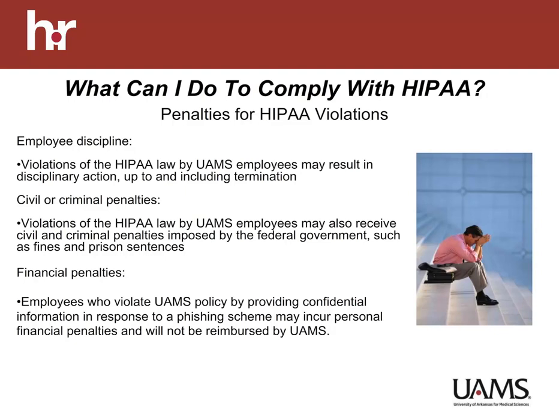Financial penalties. Employees who violate UAMS policy by providing confidential information in response to a phishing scheme may incur personal financial penalties and will not be reimbursed by UAMS. For example, loss of wages or salaries earned at UAMS.